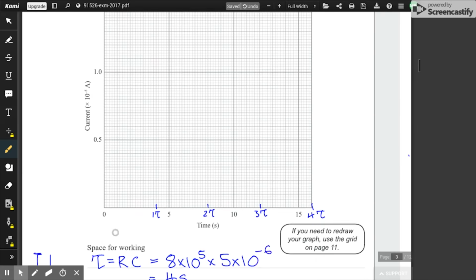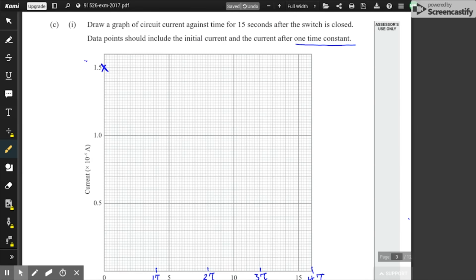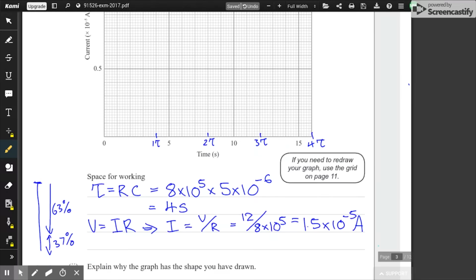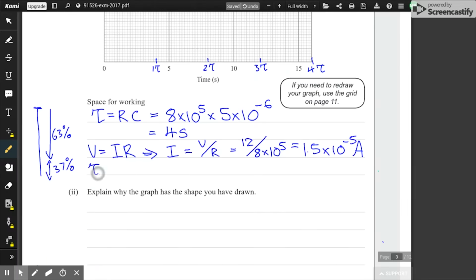So if we find 37% of our 1.5, we'll find what the current will be after a time constant. And then if we find 37% of that, we'll find what it will be at the second, and so on. So at our first time constant, we're going to have 0.37 times 1.5, which gives me 0.56.